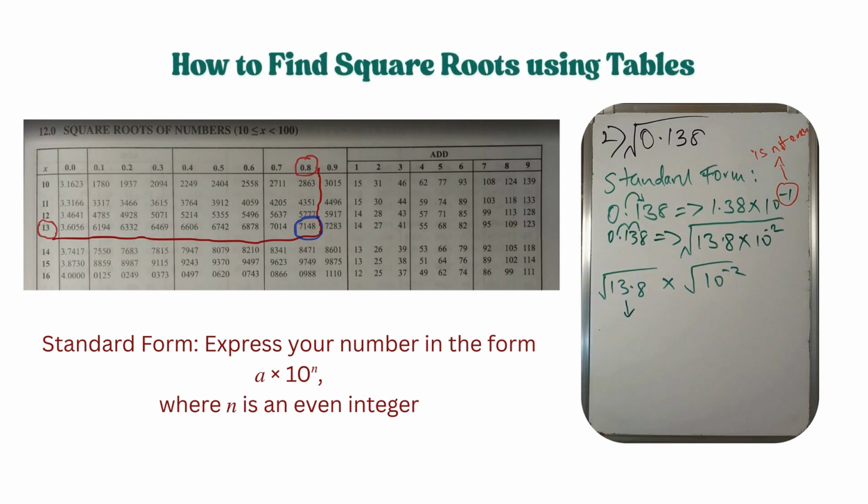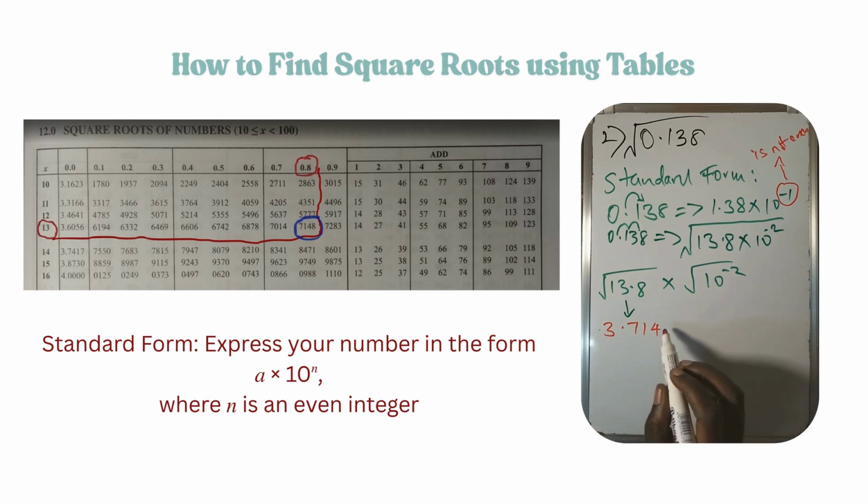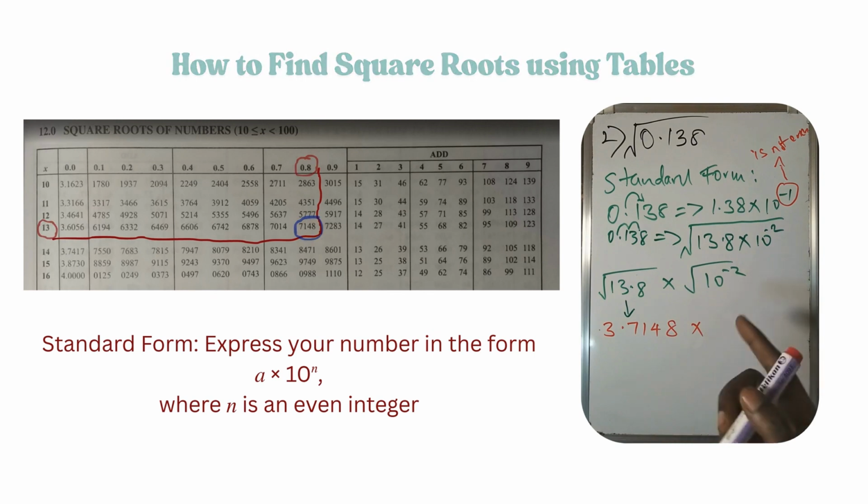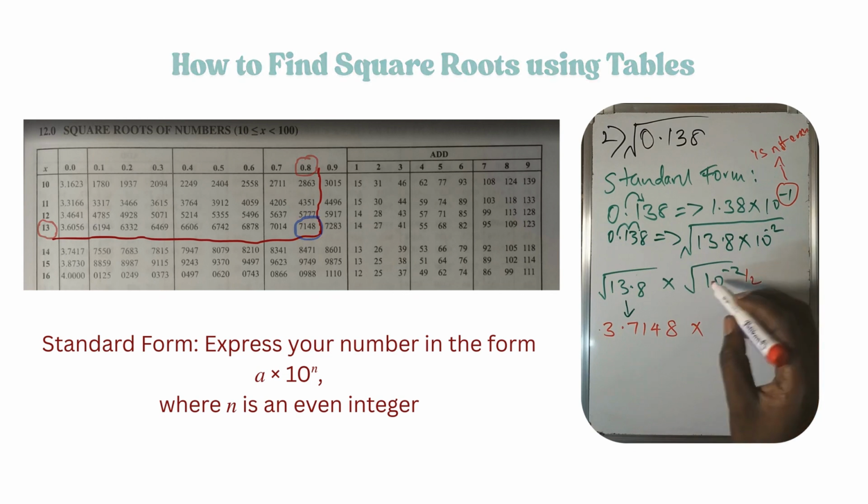So here we'll have 3.7142, and for 8 the mean difference is 6, giving 3.7148. And then you multiply. To find the square root of an exponent, you just divide the exponent by 2. When you divide negative 2 by 2, you'll get negative 1.